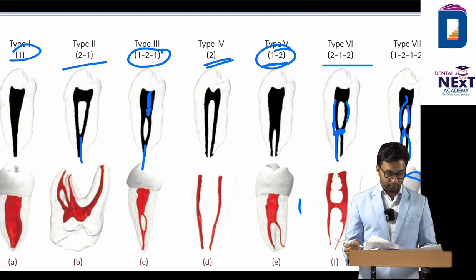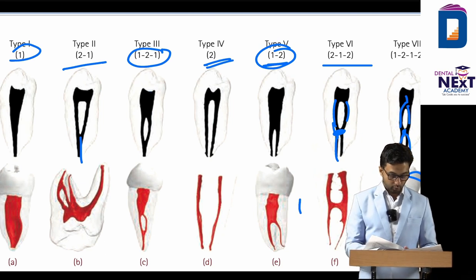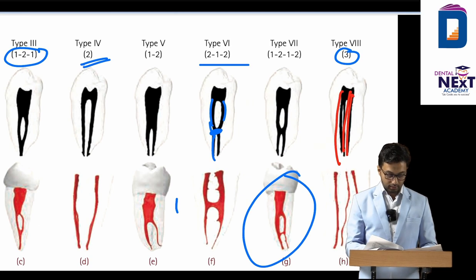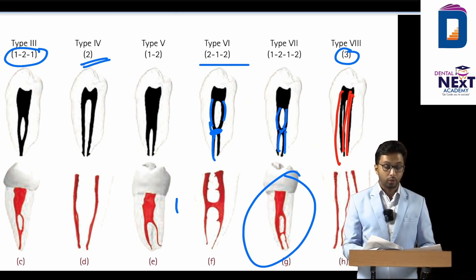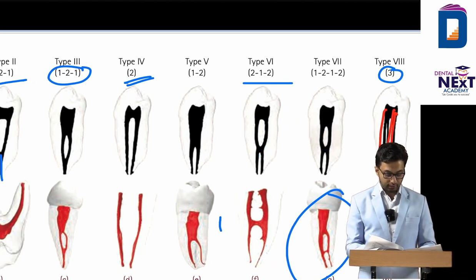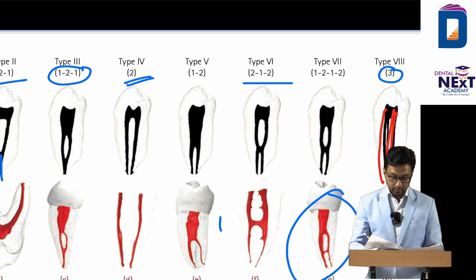Another problem many times is when it starts with 1 especially. They think this is 2, 1, 2. No. So how to differentiate here? I think many students will get confused here. See, this big space is there when it is starting with 1.